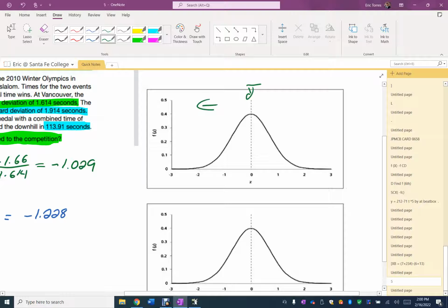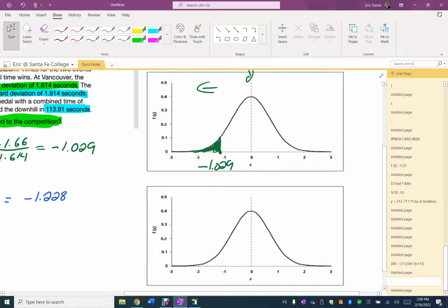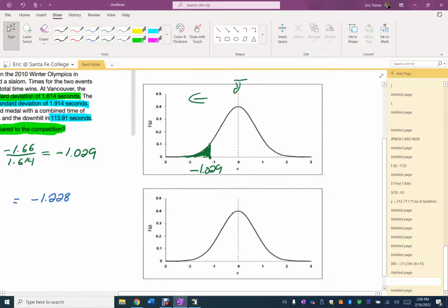His z-score is right about here, negative 1.029, which means very, very few people did faster than him on that one race. And again, there's two different races, so you could do really well on one and not so well on the other. That's why they add the times together.